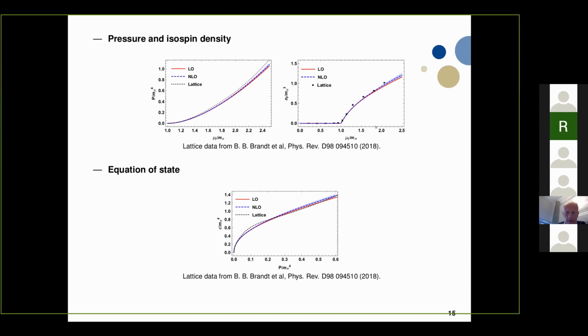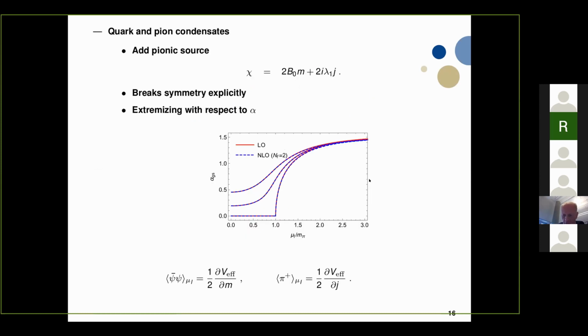Okay, that is for various thermodynamic quantities, pressure, equation of state, etc. I see now that time is running, so let me just show you a few more curves. If you're interested in condensates, quark and pion condensates, then we have to add a source, which you can put on in this way.